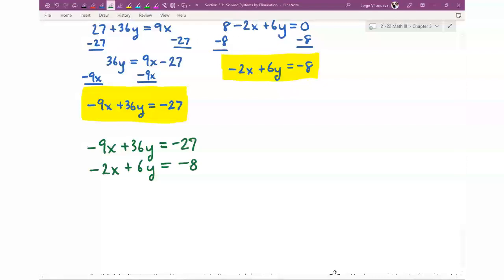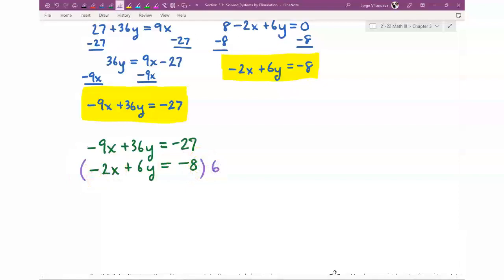You got to think like maybe I can multiply this with this to get that. Like which variable would be easiest to eliminate here? The y, right? Because you see how 6 and 36, at least 6 is a factor of 36. So that means, what do I multiply 6 by in order to get a 36? By 6, right? So let's do that. I'm just going to multiply the bottom one by 6.